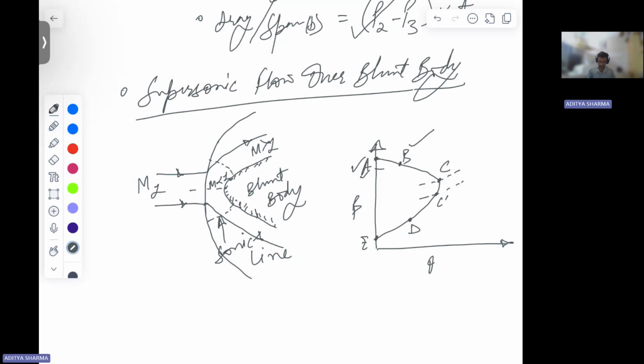Then beyond C, if you move, then you start getting these weak oblique shock rays, right? Where your Mach is greater than 1. So in your strong region, your Mach is going to be less than 1. Okay. Then eventually crossing D, you have E where you are going to have your Mach wave. So in your blunt body supersonic flow, you get all these waves.